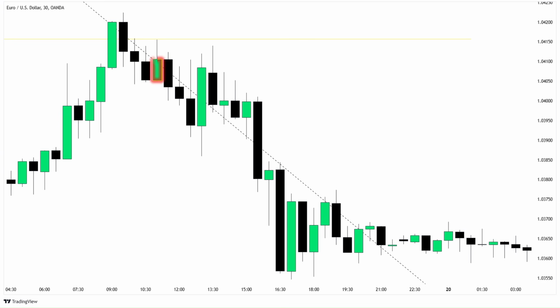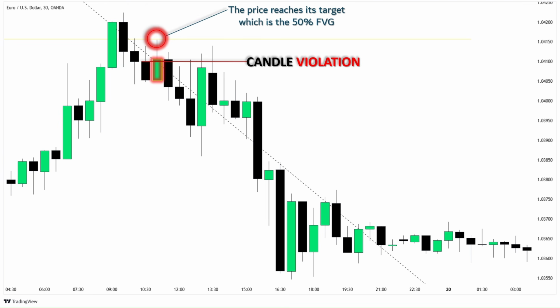The first bullish candle violates its previous candle. According to the reversal candle violation condition, we cannot trade this candle. However, we can observe that this bullish candle reaches almost its liquidity target, which is the 50% level of the fair value gap. This serves as a strong signal indicating the continuation of the downtrend.